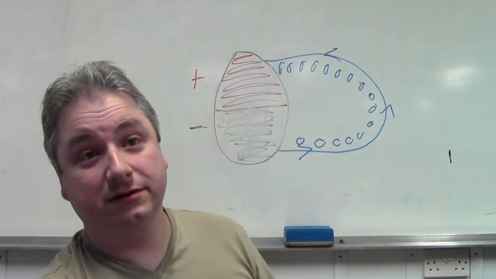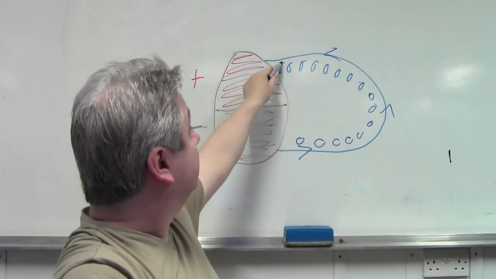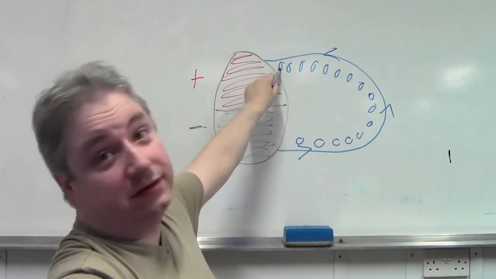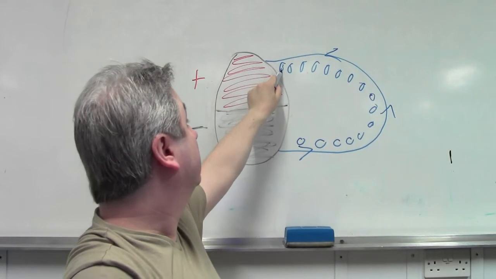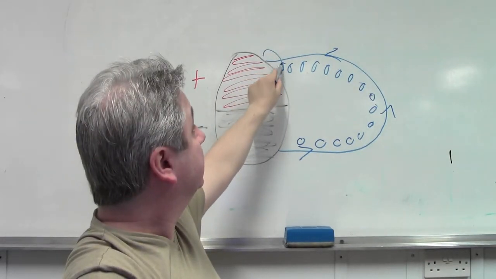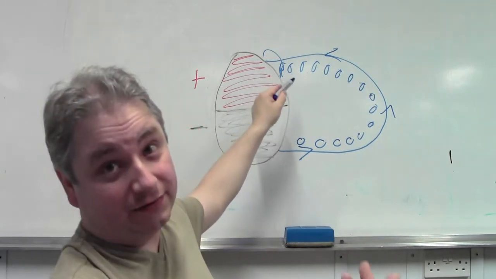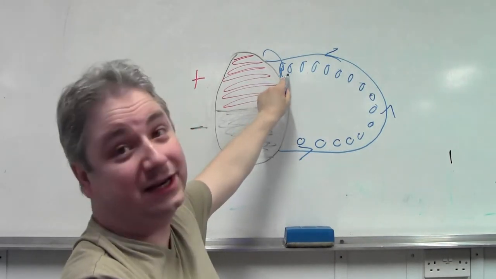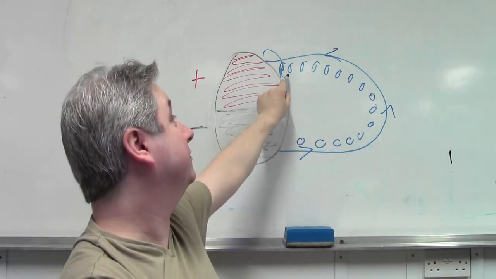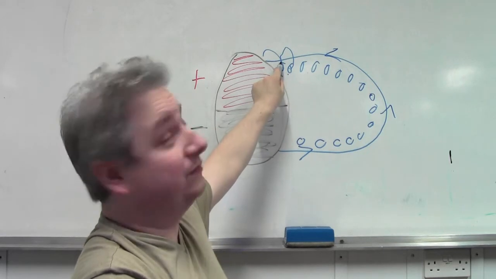All in this conductor. And what happens is the electrons that are in this atom here get attracted to the positive. This one now becomes positively charged because it's got a lack of electrons now. The atom next to it has got loads of electrons again, so it migrates to this one.